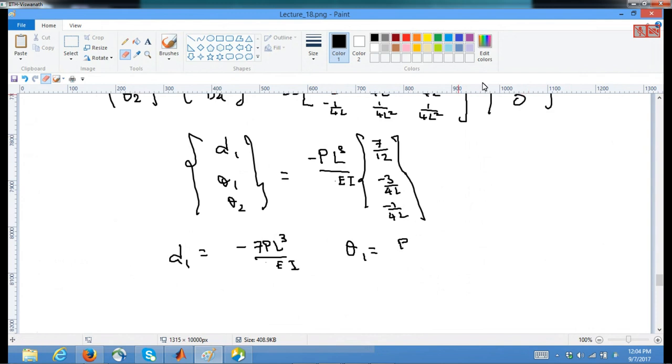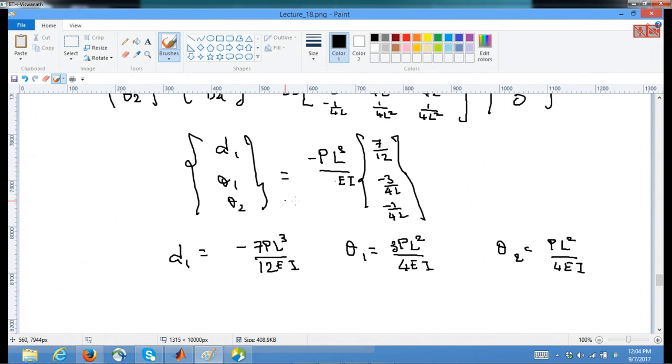So I don't know why I have written that statement. So 7 PL cube by 12 EI, plus 3 PL square by 4 EI, and PL square by 4 EI. So that's how we solve the problem.